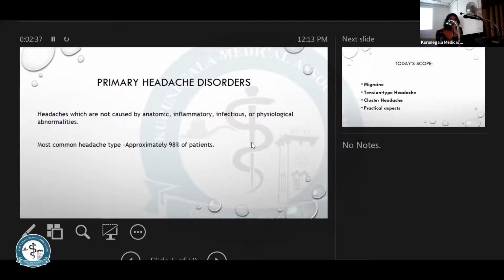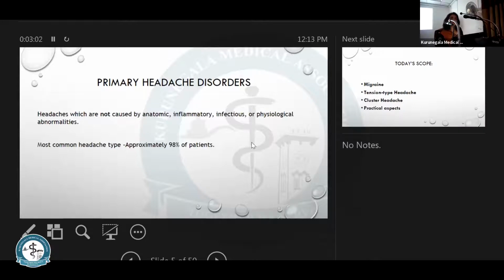The primary headaches are the headaches which are not caused by any anatomic, inflammatory, infectious, or physiological abnormalities, and it is the most common type, accounting for about 98%. But mind you, the significant ones are the secondary headaches, the remaining 2%, which are very significant.